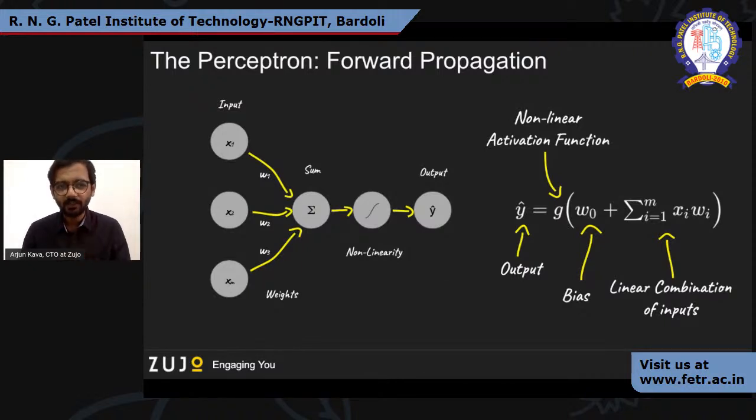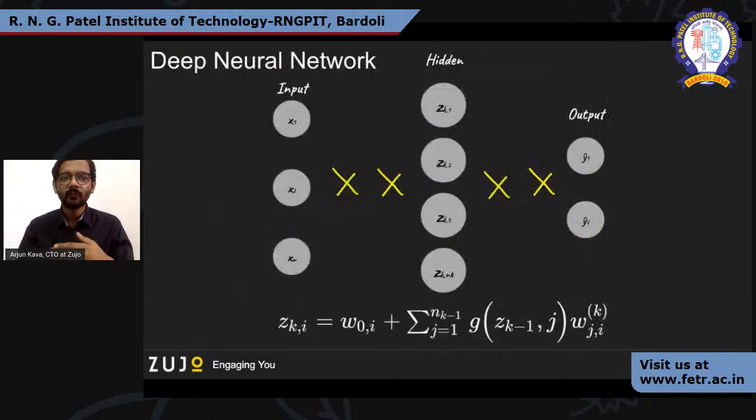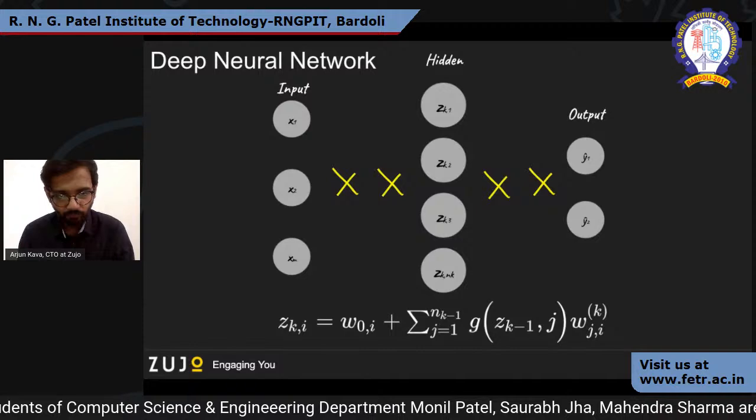There are multiple inputs, weights for those inputs, and the summation of the weight and input products plus a bias term is your output, with the activation function g. The next thing we explored was a deep neural network, where we stacked multiple perceptrons and connected them to multiple output nodes.